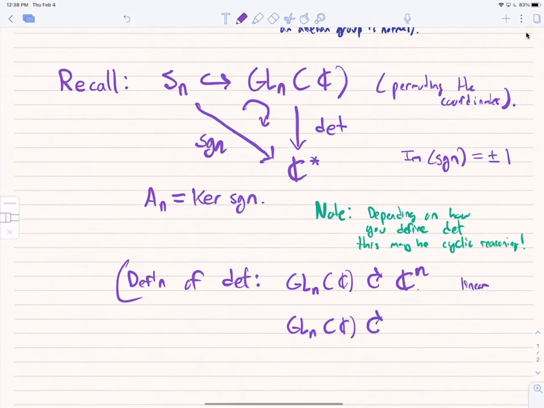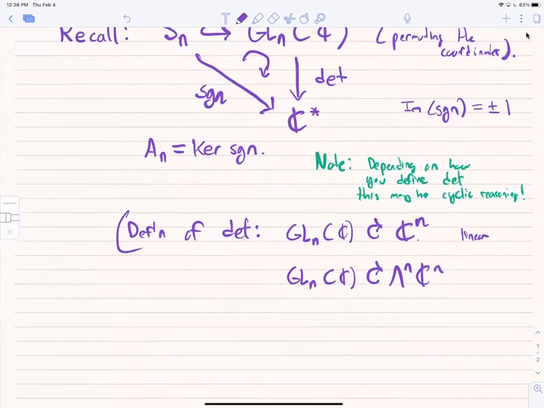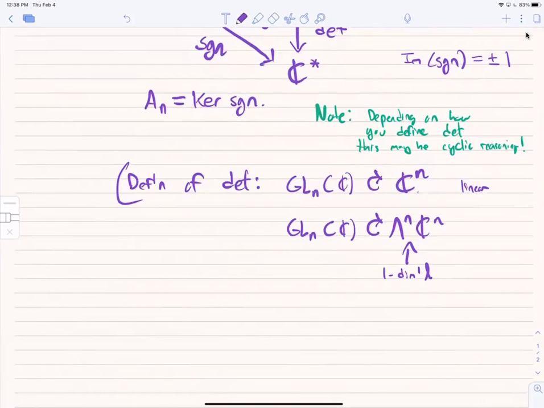So what that means is GLn also acts on anything you can construct out of C to the n using linear algebra. In particular, it acts on the nth wedge or exterior power of C to the n. And this is one-dimensional. So this is still a linear action.